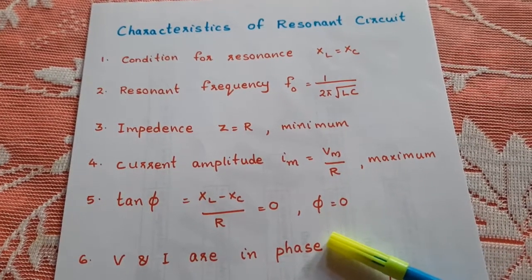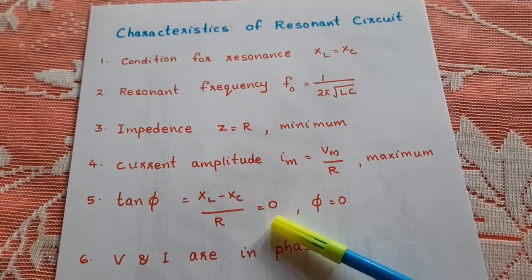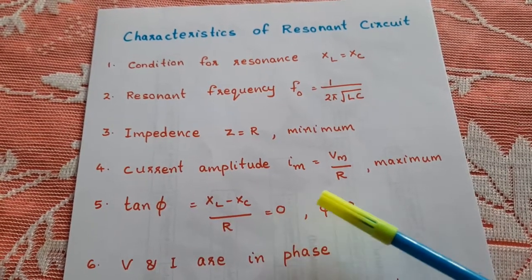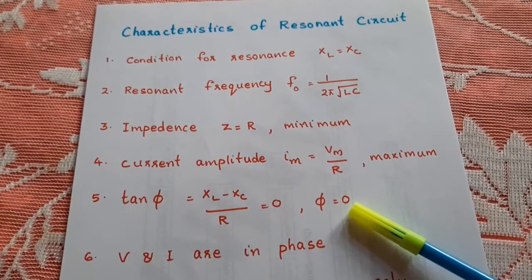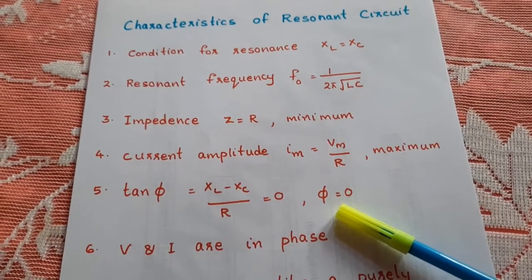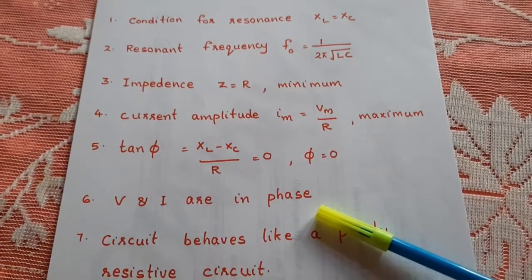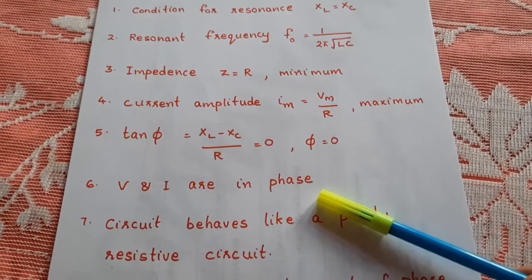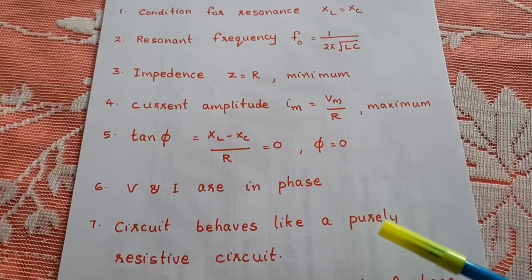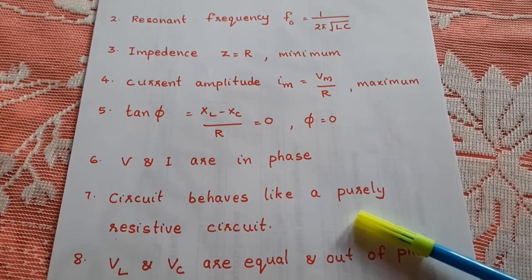tan φ is equal to (XL − XC)/R, that is equal to 0. Therefore, φ is equal to 0. φ is the phase difference between voltage and current. Therefore, voltage and current are in phase, and the circuit behaves like a purely resistive circuit.